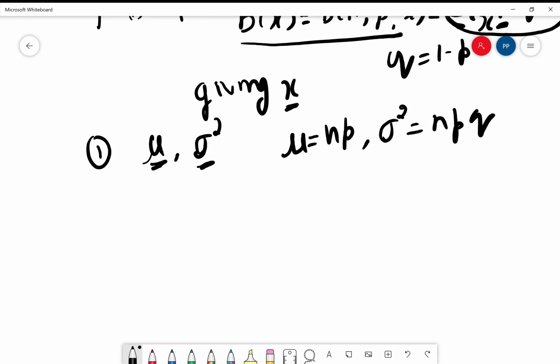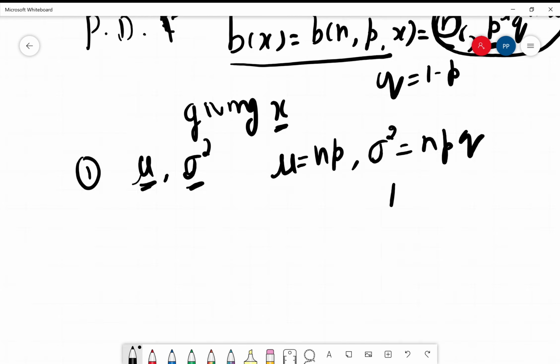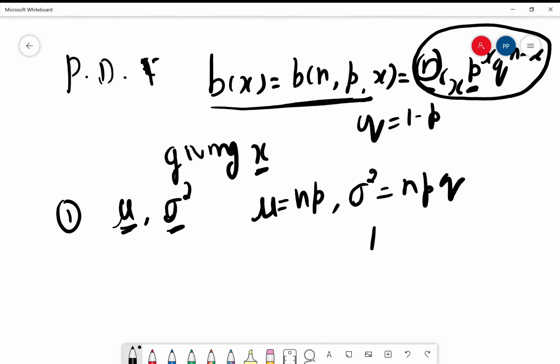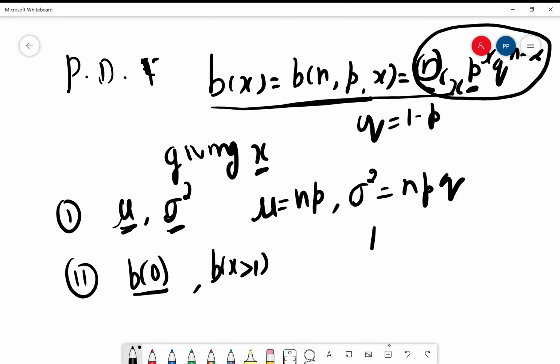Find out n, p and q, substitute here to get the probability function, and then find the required probability by giving the value for x. For example, the probability that b of x is b of 0, or b of x greater than 1, or b of x equals 2 or 3, like that, b of x equals 2 plus b of x equals 3.